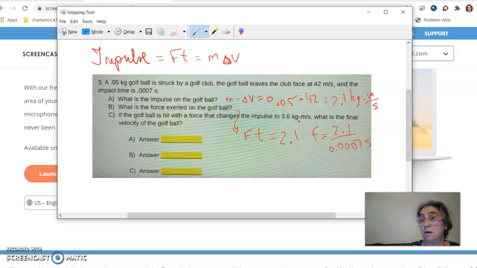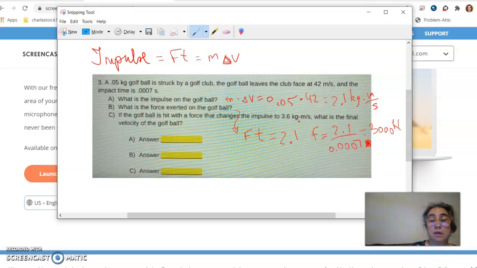Everything is in kilograms, seconds, meters, so we end up with newtons. 2.1 divided by 0.0007 comes exactly to 3,000 newtons. That's a pretty big force, if you think about it.